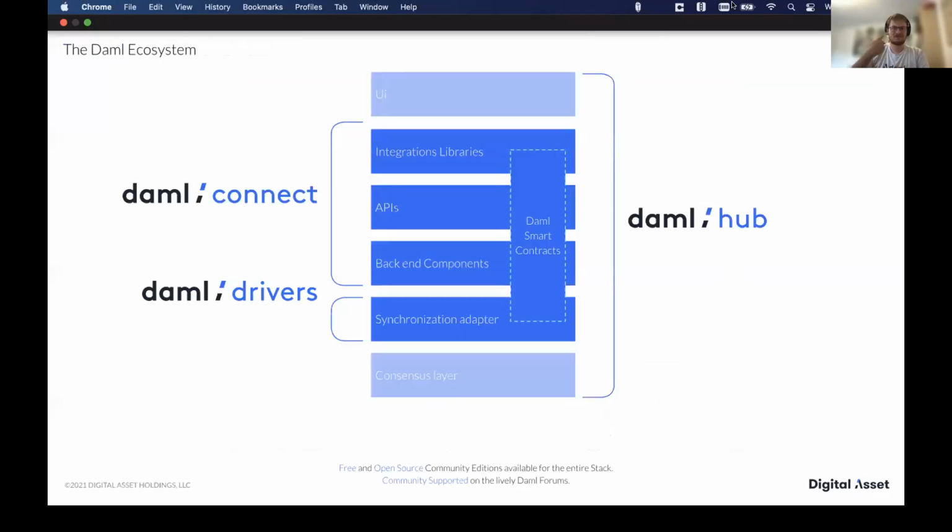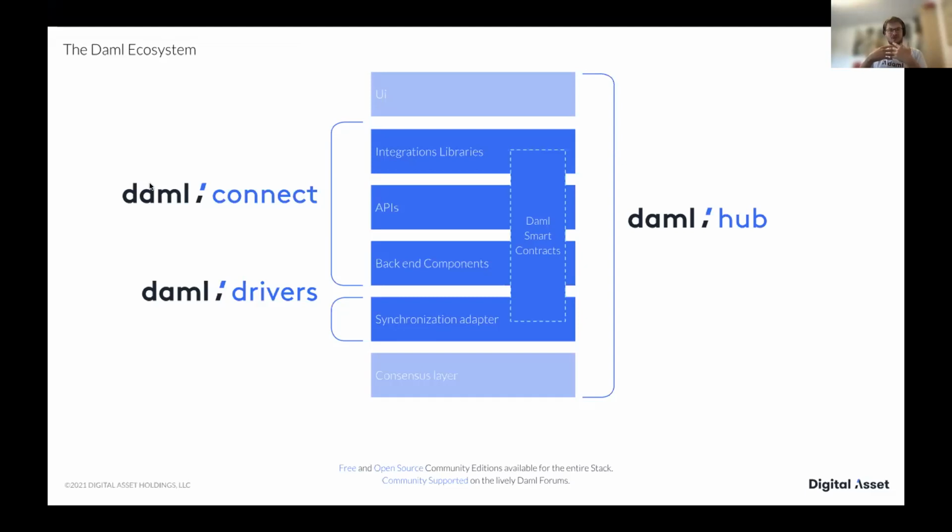So to recap the Daml ecosystem as a whole, we've got Daml drivers, which wrap up an underlying database, blockchain, or DLT, so it can act as the synchronization or consensus layer for a Daml ledger. You have the participant node, which exposes the Daml ledger API, which is completely uniform across all Daml drivers. On top of that, you've got Daml Connect, which contains everything you need to build, test, and deploy applications on top of such a Daml ledger.